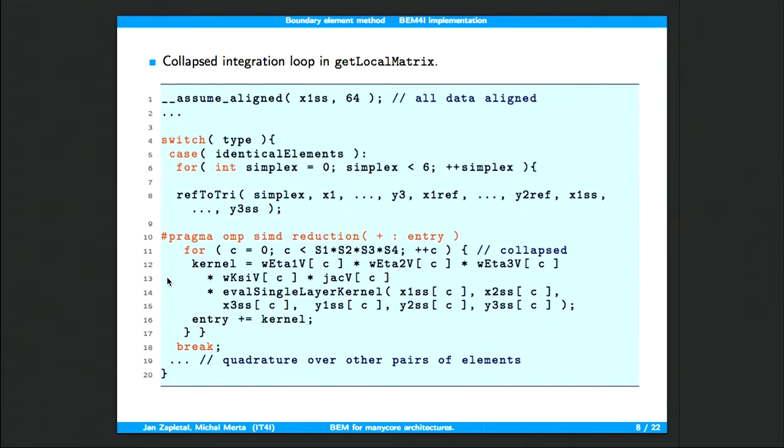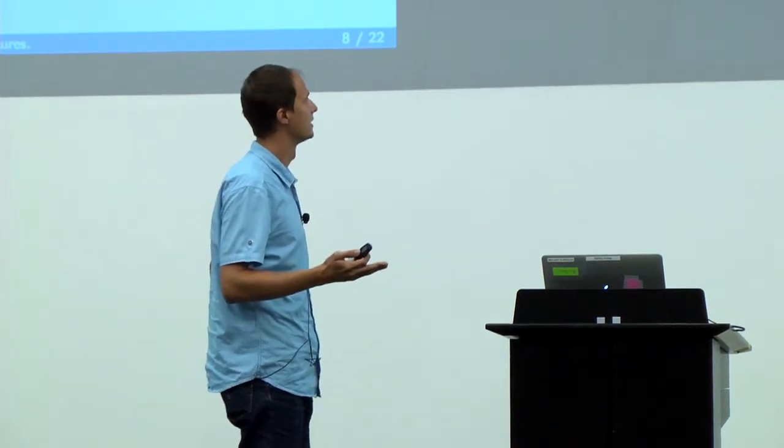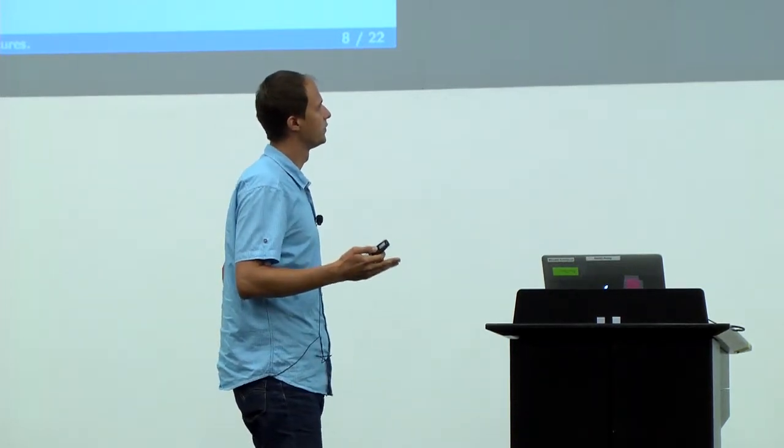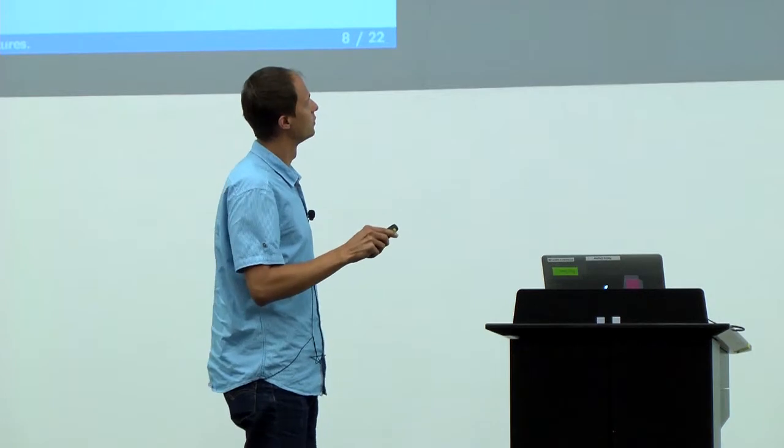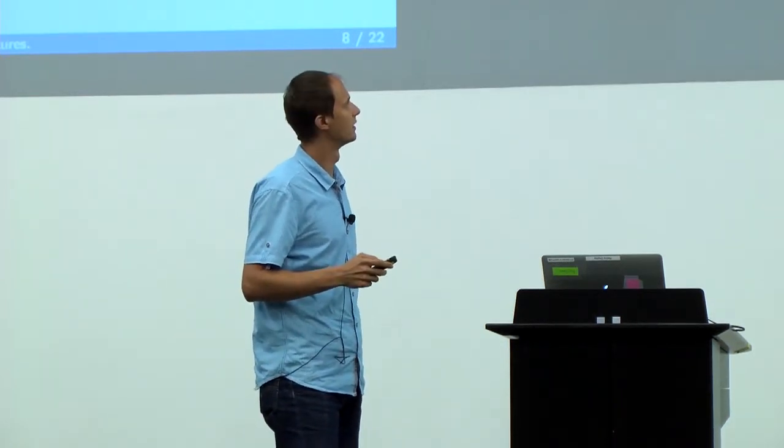And now there are 2 main parts of this code. First of all, you need to transfer the reference quadrature points to the actual set of triangles. This is also done in finite elements. The problem here is that if you use the full assembly, you do it n squared times instead of only n times. So this has to be done efficiently as well.